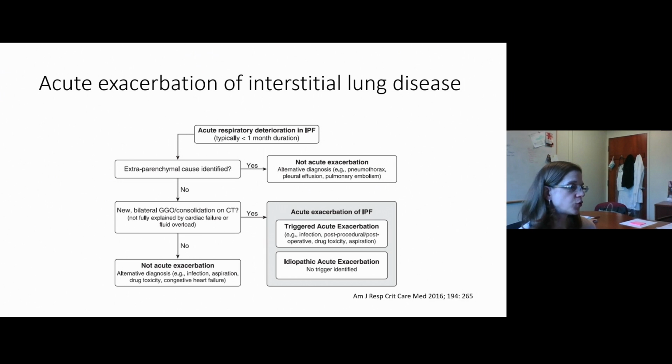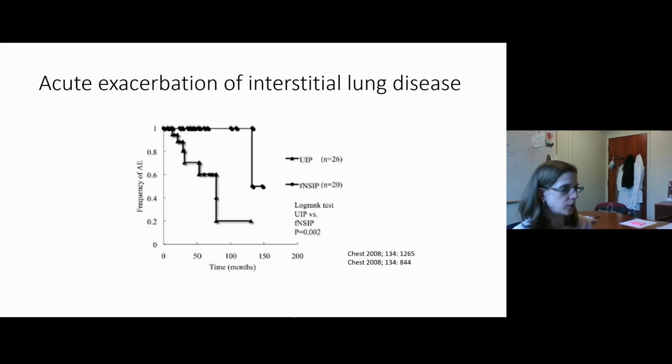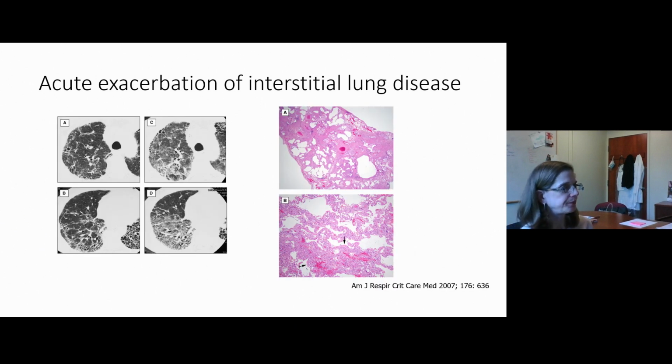And then you would see diffuse ground glass consolidations on the CT scan that are not explained by volume overload or cardiac failure. And then finally, if you don't see an alternative diagnosis, that would lead you to a diagnosis of an acute exacerbation. And we do know also that patients who experience acute exacerbation will have a poorer prognosis than those patients who do not experience that complication.